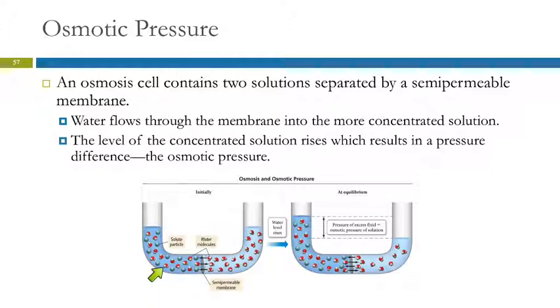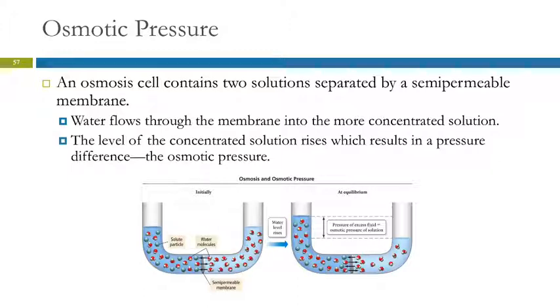On this side, though, there are solute particles getting in the way, and so the rate of movement of water from the concentrated side to the pure side is less because the solute particles are in the way. On this side, water molecules can move that way because there's nothing blocking their way. And so we'll have a net flow of water to the left, to the more concentrated side.